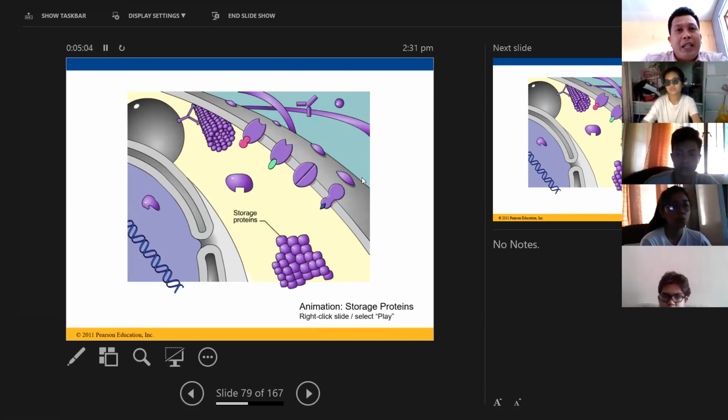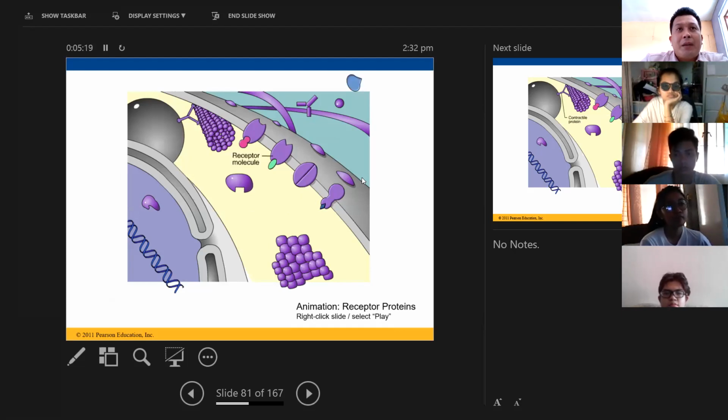We have storage protein, found in the Golgi and rough ER. We have transport protein, found in facilitated diffusion. Receptor protein, contractile protein, microfilament, defensive protein.